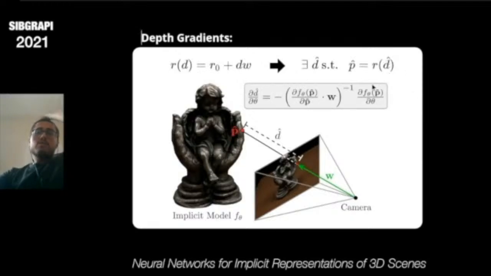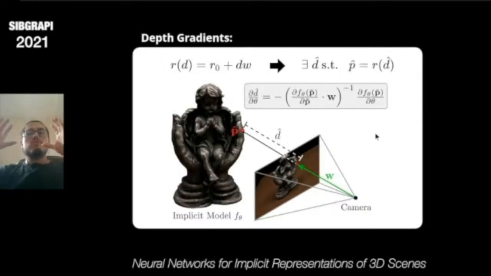To do this, their idea is to use implicit differentiation. So you have f theta of p hat equal to tau, because p hat is on the surface, so f theta of p hat must be equal to tau, or near tau.